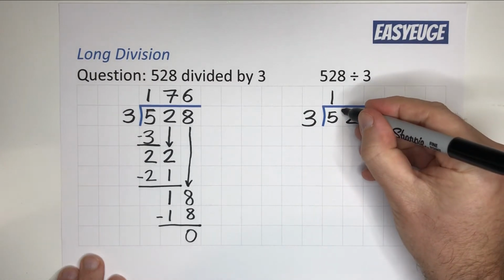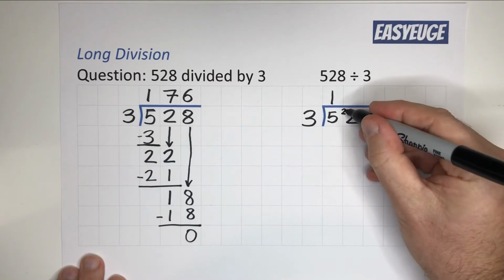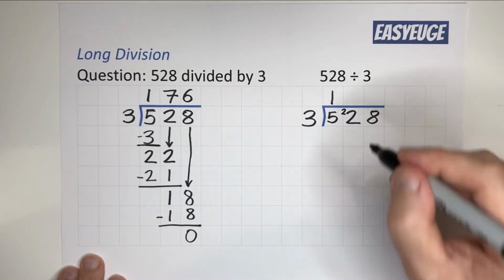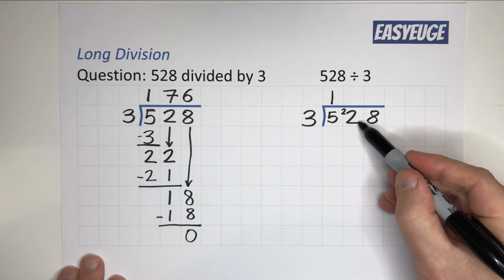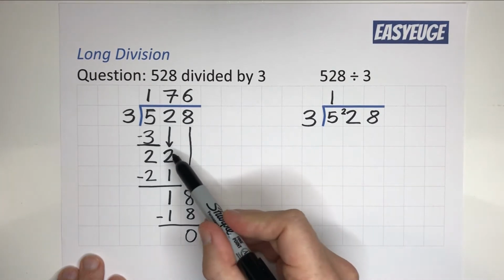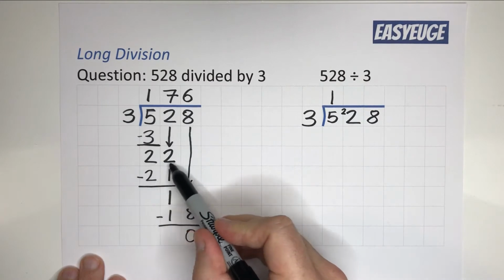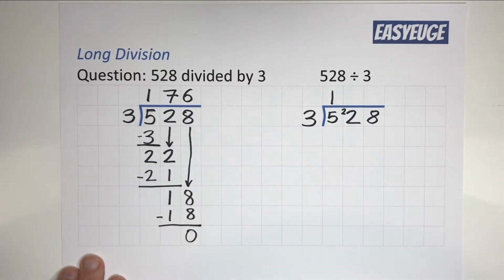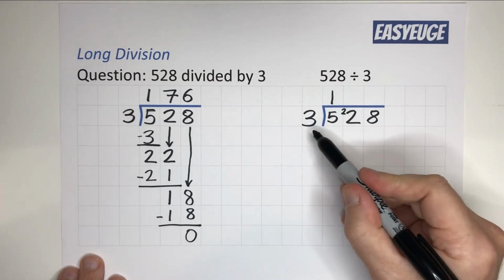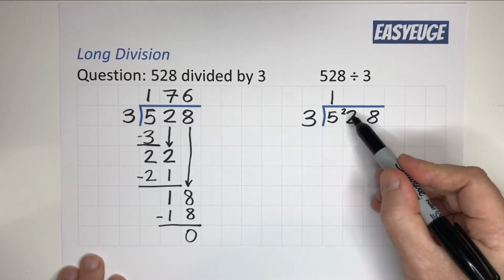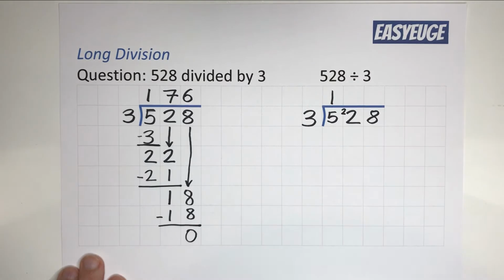So all we'll do is we'll put the 2 in the top left of the next box. And you can see that becomes 22 in the same way as over here it became 22. Okay, so we're finished with the 5. How many times will 3 go into 22?